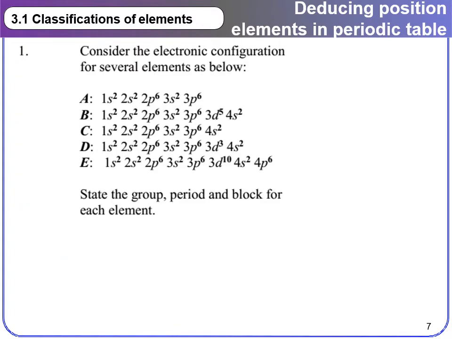Now let's continue with the tutorial question. State the group, period, and block for each element above. We go through one by one.